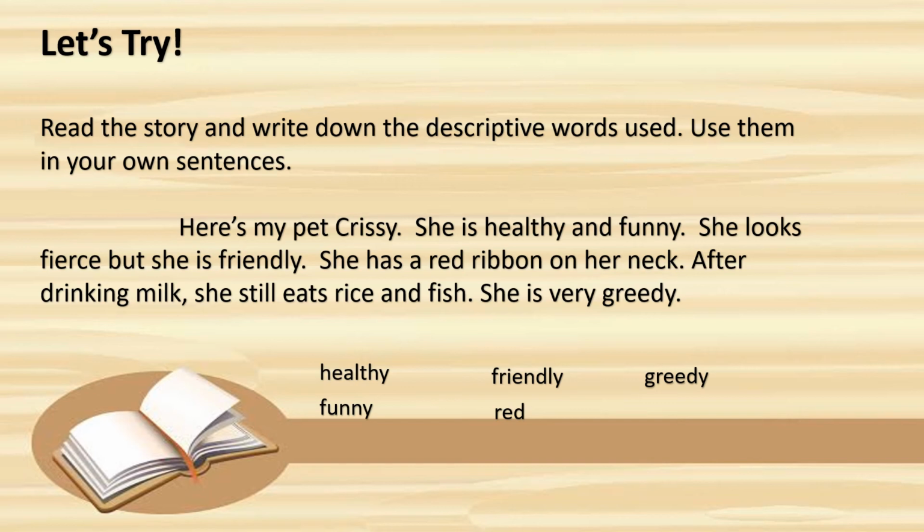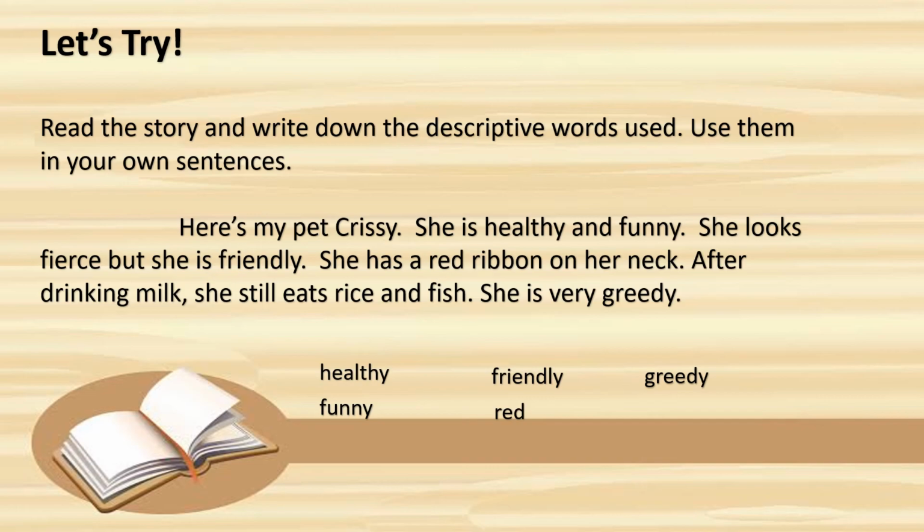The word greedy. So the adjectives present in this paragraph are healthy, funny, friendly, red, and greedy. Now I want you to use them in your own sentences. So that's it. Thank you so much for following.